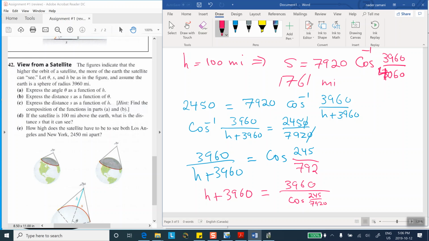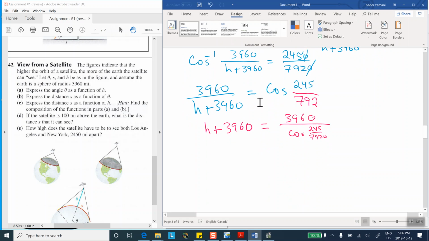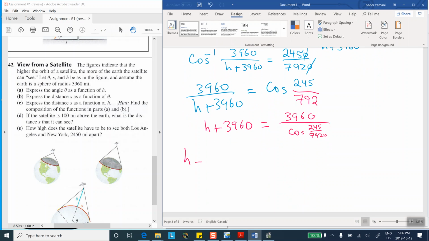Finally, h equals 3960 over cosine of 245 over 792, minus 3960.